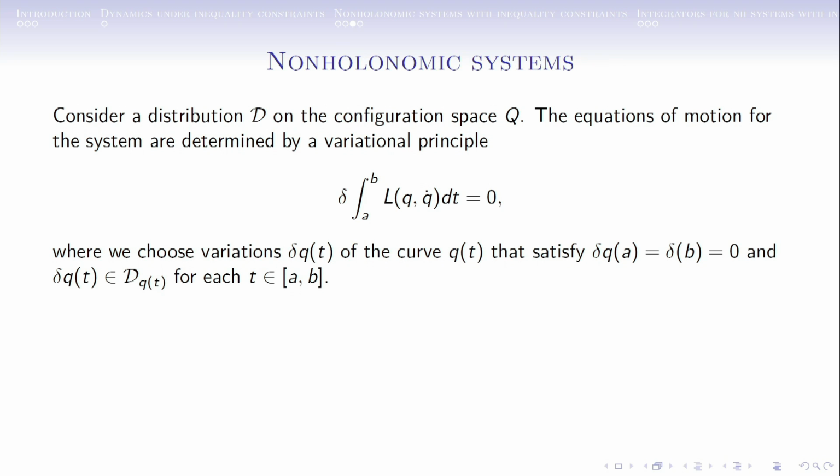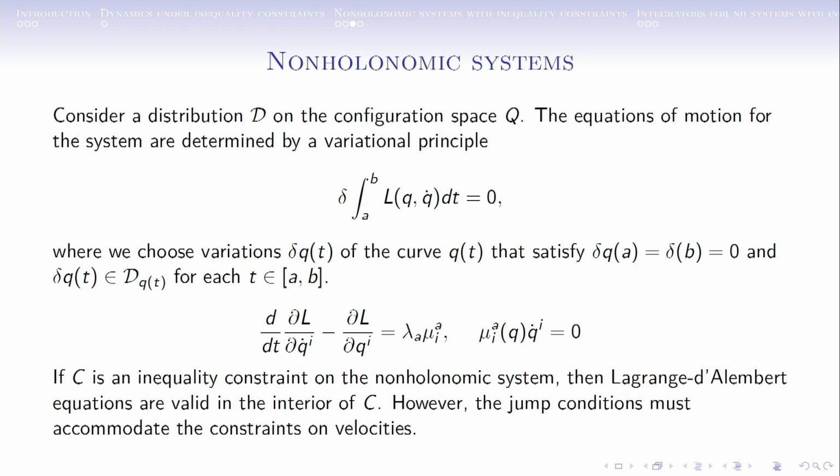And we pick variations of curves vanishing at the extreme points, and for which the variations must belong to the distribution. Proceeding this way, we eventually end up with the Lagrange-D'Alembert equations, which give you the equations of motion for systems with linear non-holonomic constraints. Now, what happens if we have an inequality constraint? How should this principle be changed?